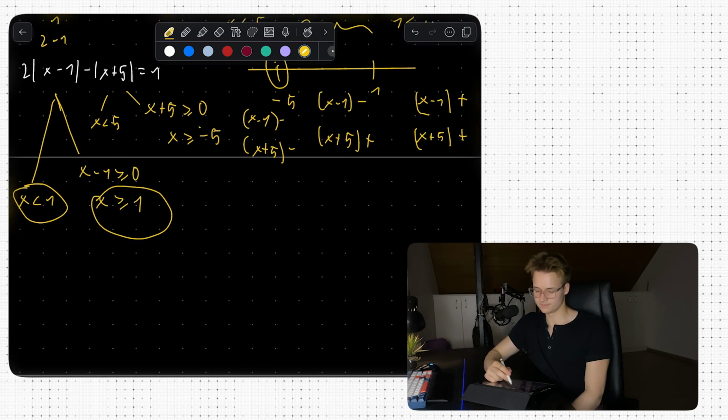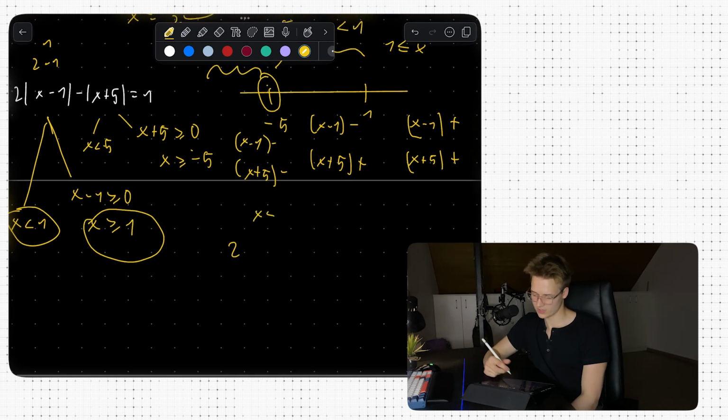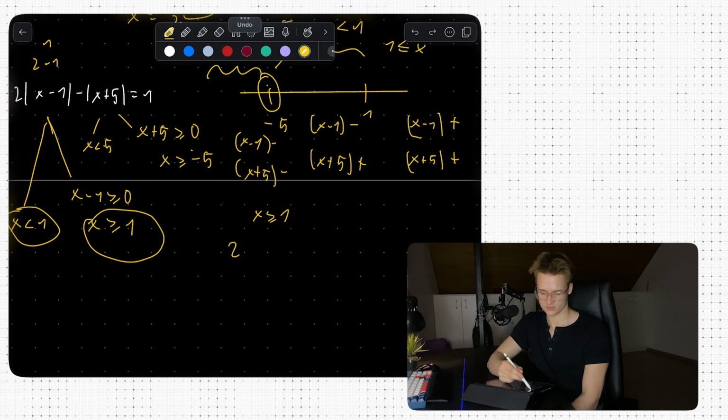Now let's see. When we solve this equation, when x is greater than or equal to 1, both of them are going to be positive, so we just remove the absolute values.